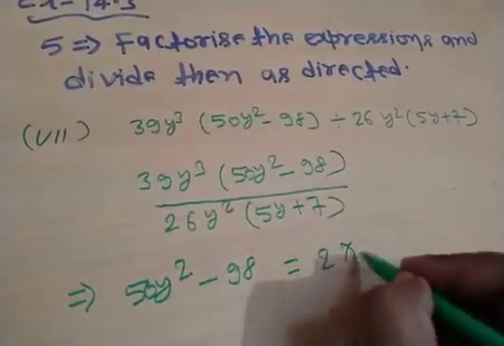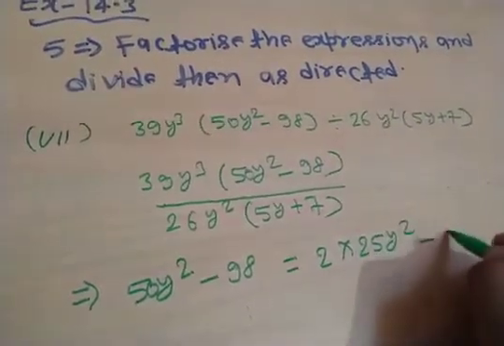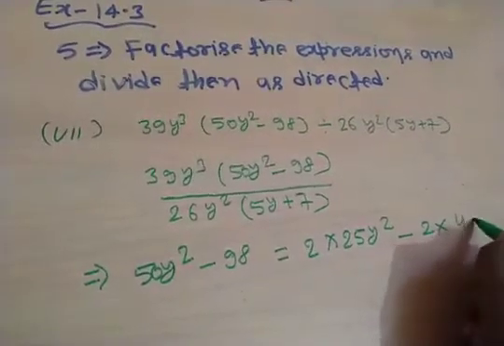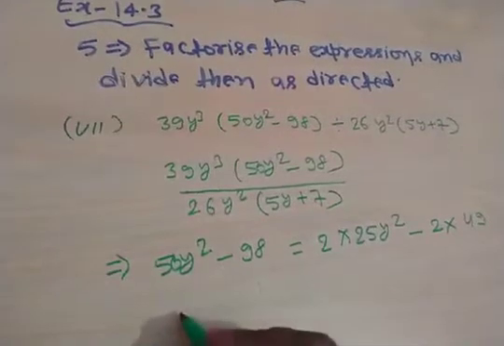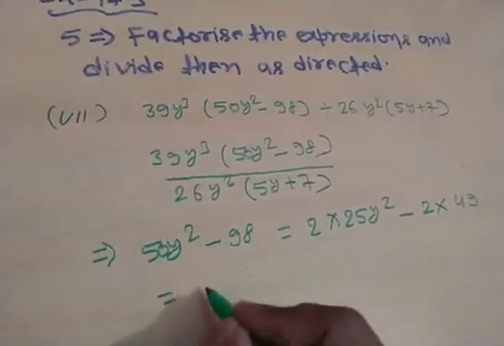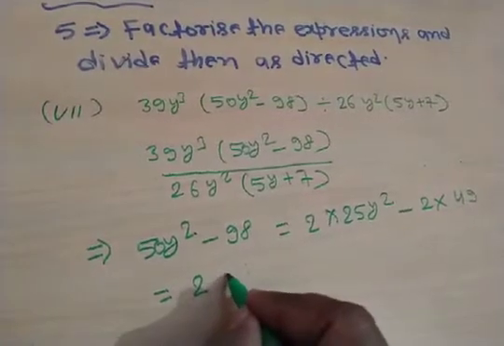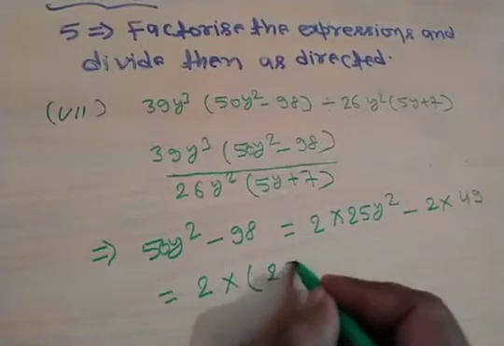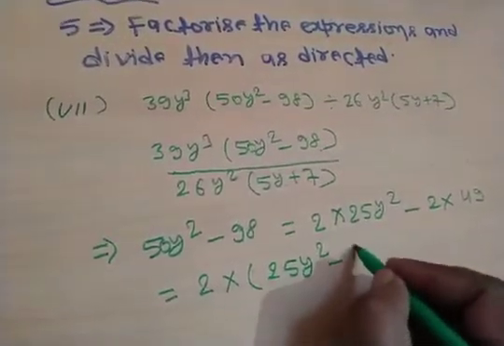We can write here 2 into 25y square minus 2 into 49. Okay, so take common 2, so 2 into 25y square minus 49.